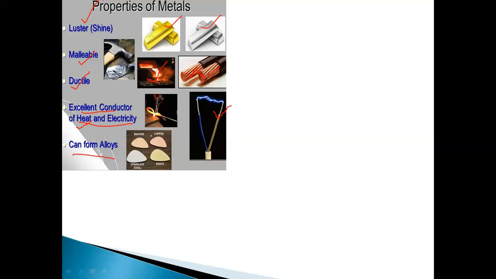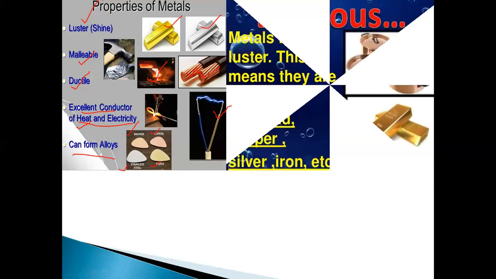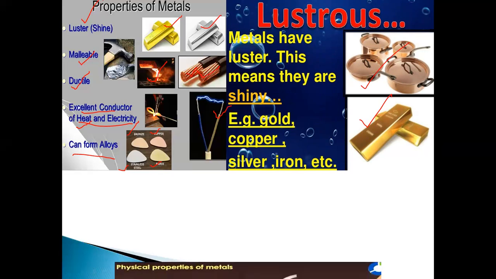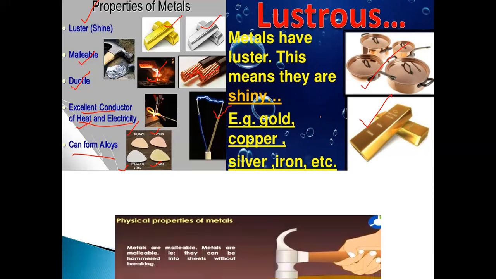They can form alloys. Bronze, stainless steel, brass, these all are alloys. And how alloys form, we will see in a few minutes. Lustrous means they are shiny. Metals have luster, shiny, like gold, copper, silver, and iron. These are utensils which we use at home, due to their high melting and boiling point.